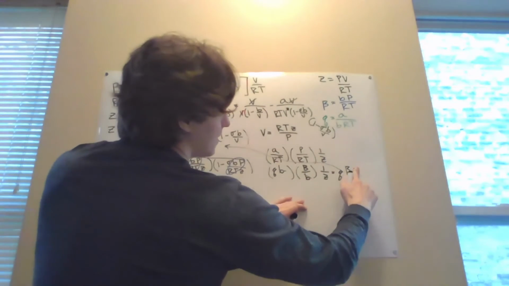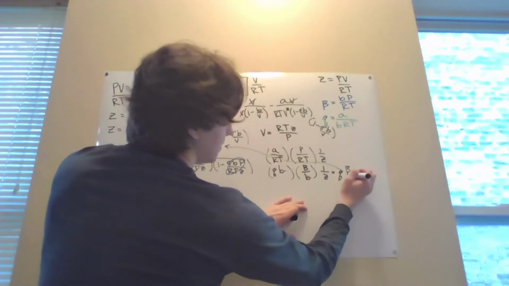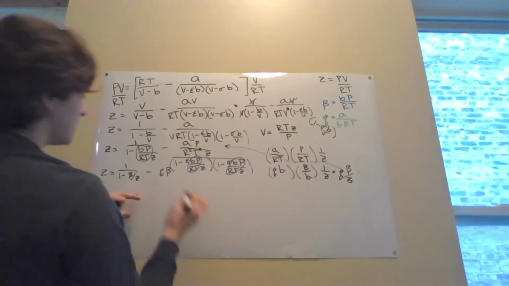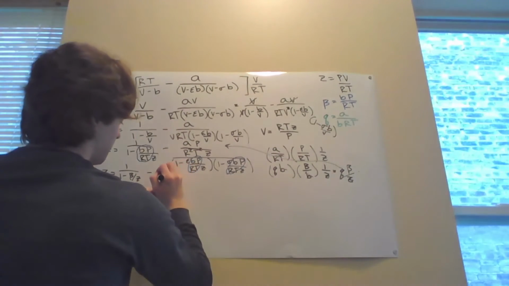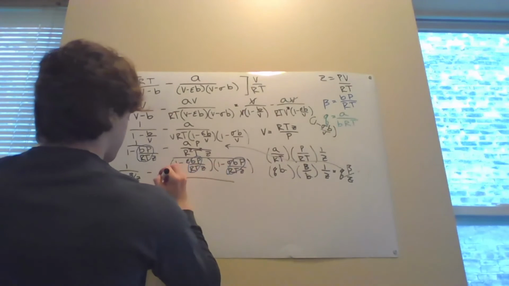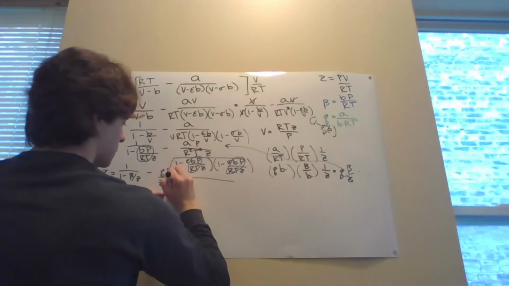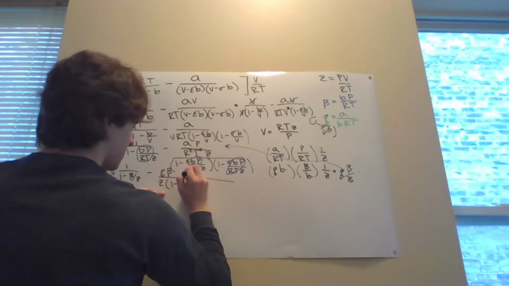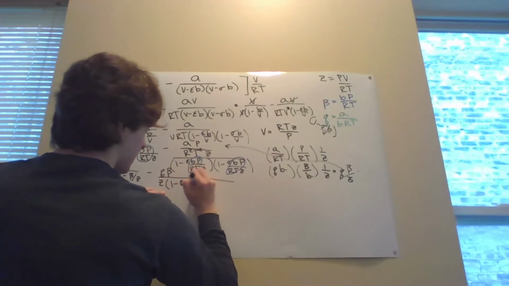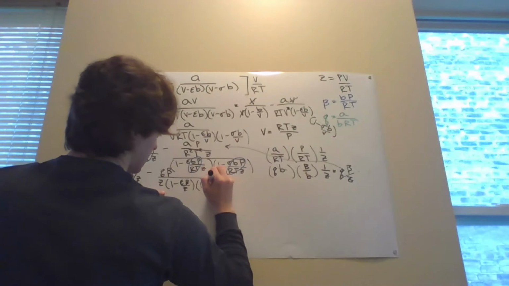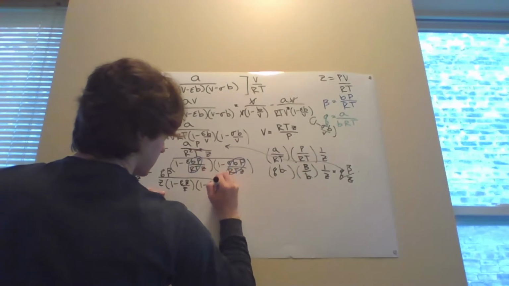It has to be, this will be over Z, because Z will be in the denominator. So it'll be Q times beta over Z from here times 1 minus epsilon beta over Z times 1 minus sigma beta over Z.